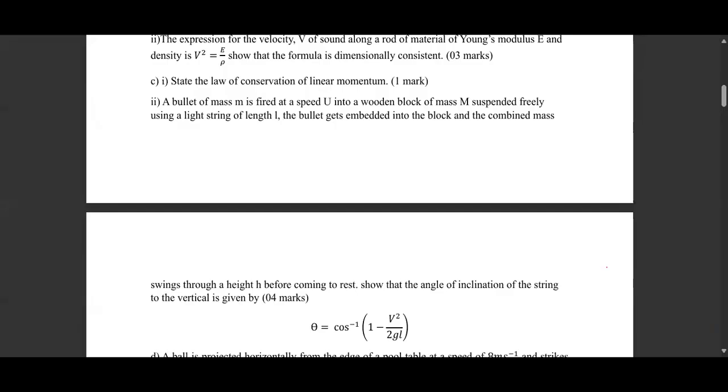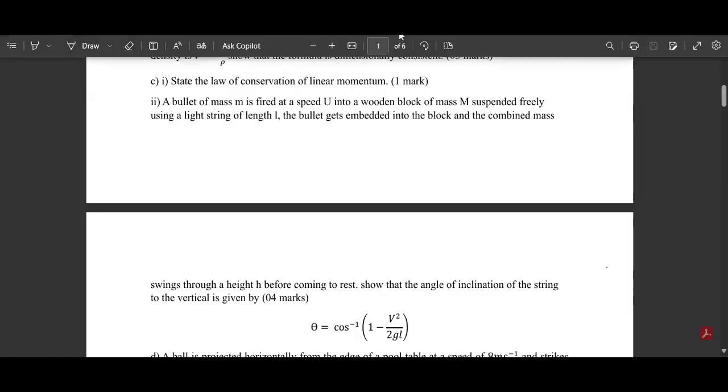They want us to show that the angle of inclination of the string to the vertical is given by theta is equal to arc cos of 1 minus v squared divided by 2gL, whereby L is the length of the string, and v is the velocity of the bullet and the wooden block after colliding.